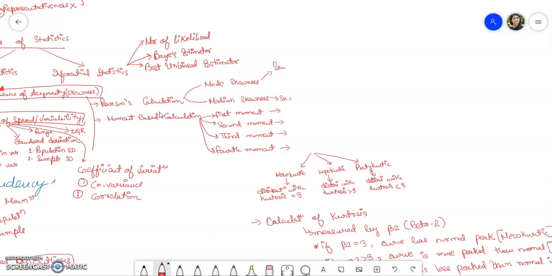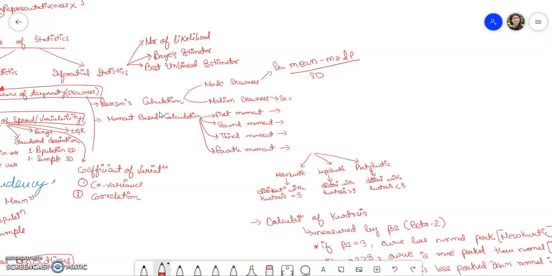Mode skewness is mean minus mode divided by standard deviation.